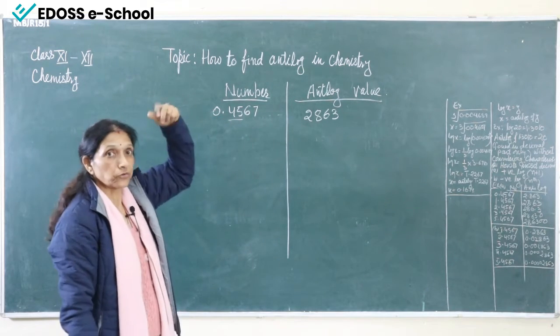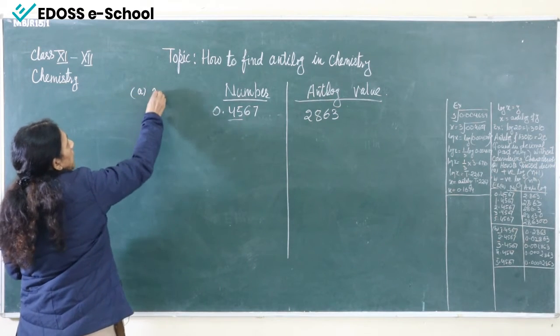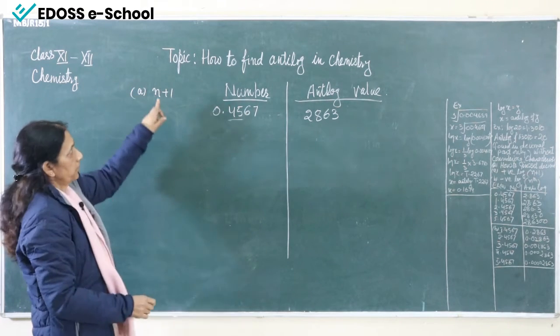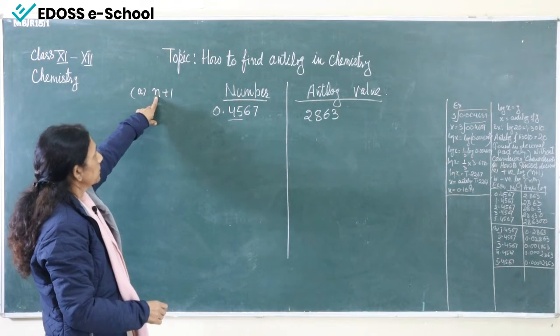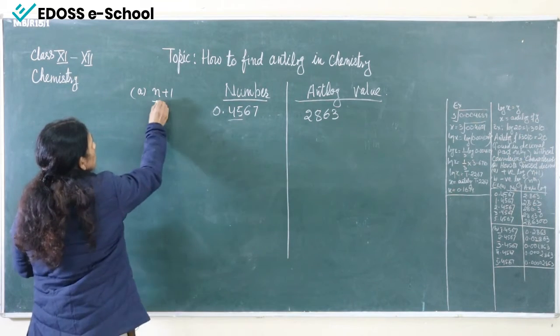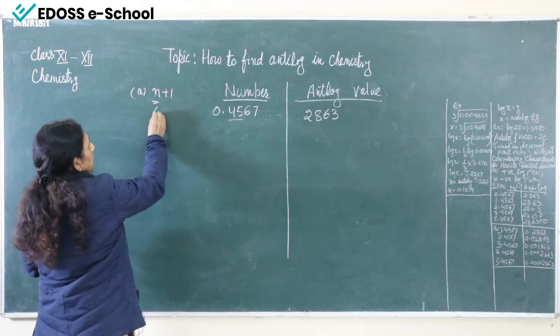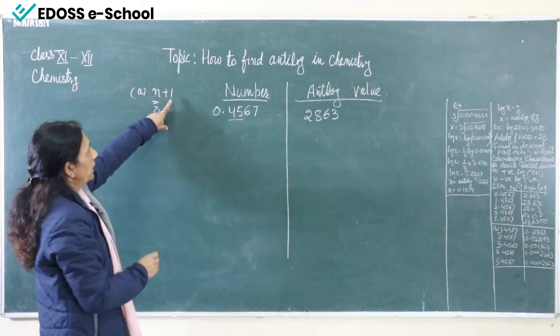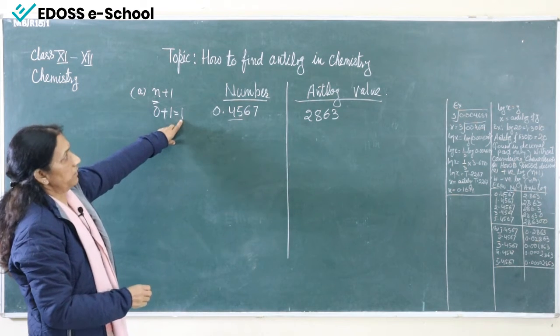What was the first rule? n plus 1. Here n is the characteristic, and we have to add 1 to it. n is 0 here, and adding 1 makes it 1.